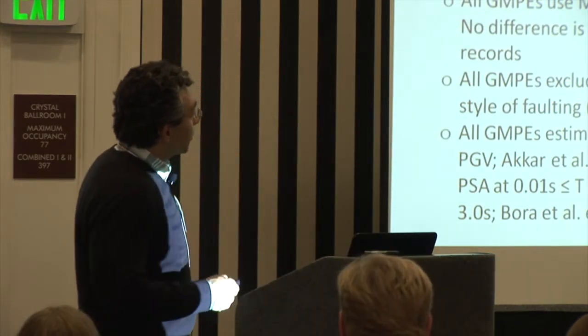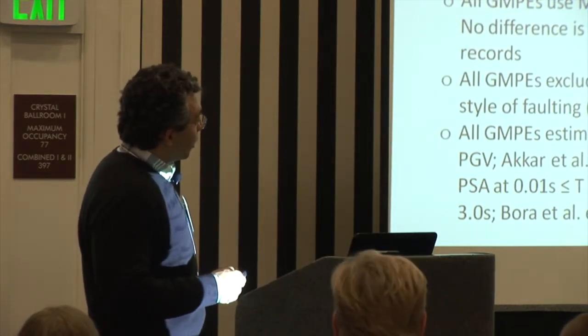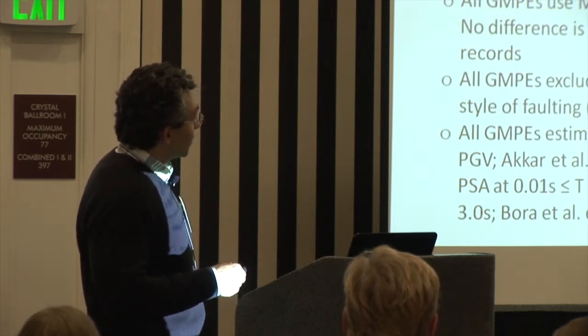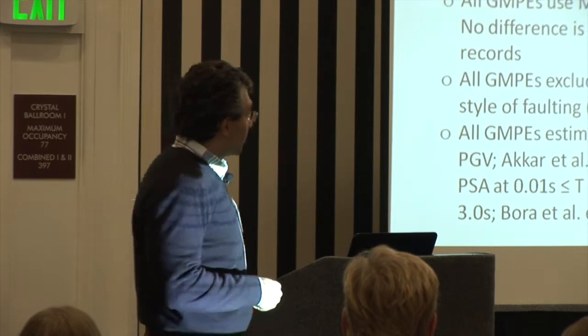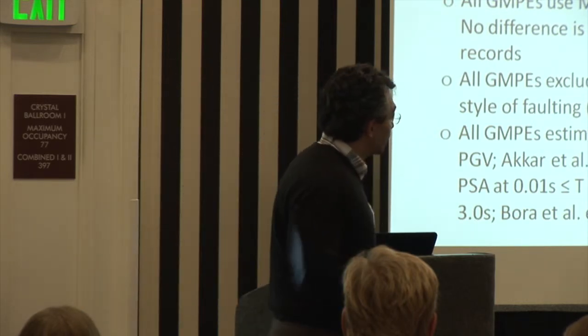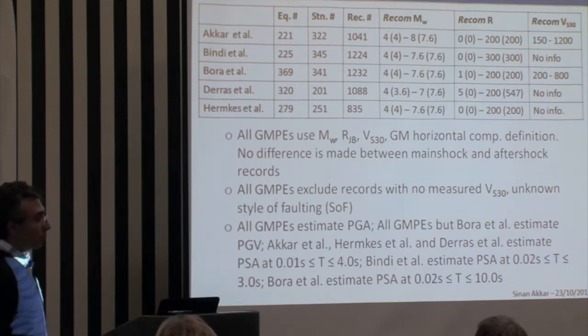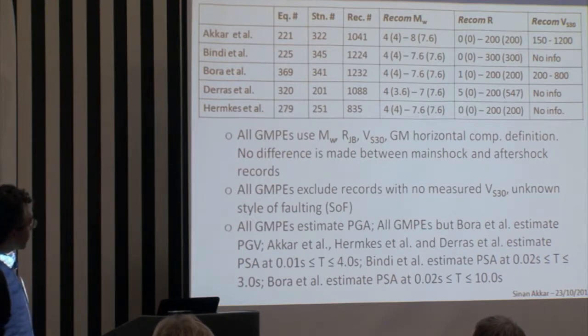For the recommended distances, the upper limit is 200 kilometers, except for Bindi et al., who recommend the use of their model for distances up to 300 kilometers. So these are the common points of the predictive models.